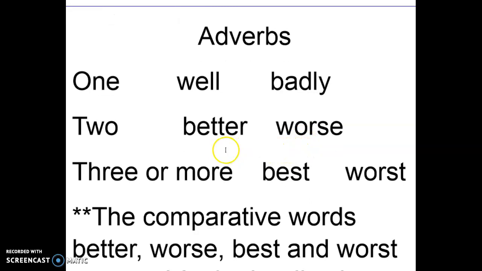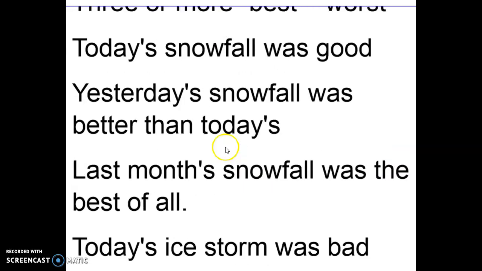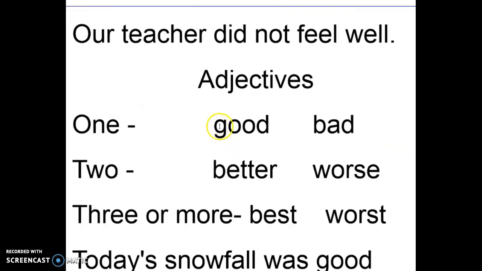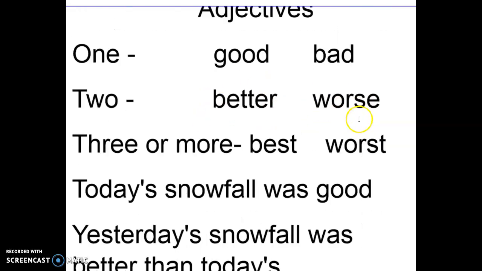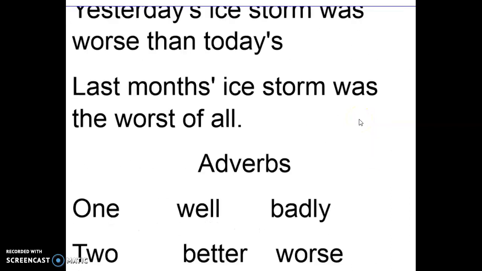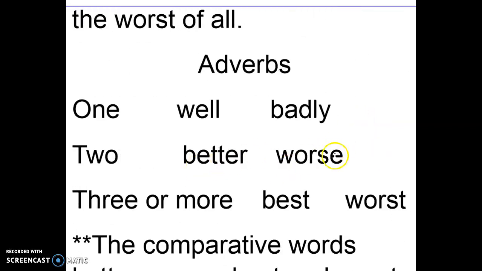So you see that up here, I'm sorry for the confusion, but instead of saying good, you're going to replace good with well, and bad with badly. Everything else stays the same. Better, worse, best, and worst, they're the same for both groups, adverbs and adjectives. It's only when you're comparing one thing that there is a difference in the words.